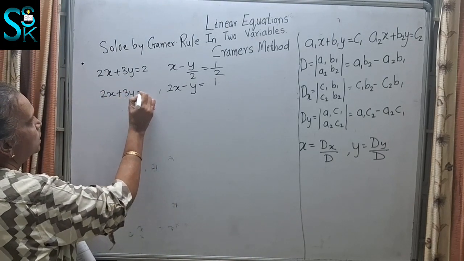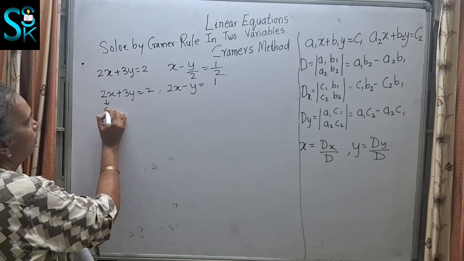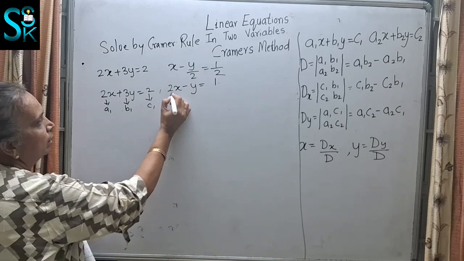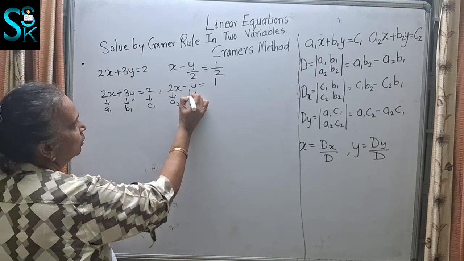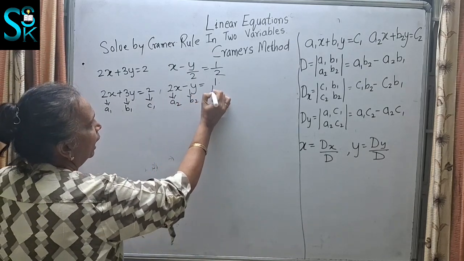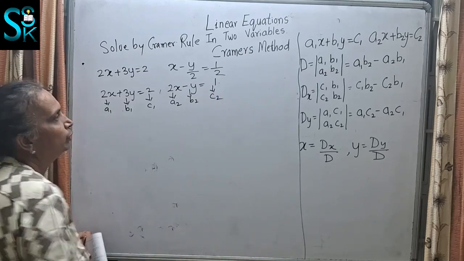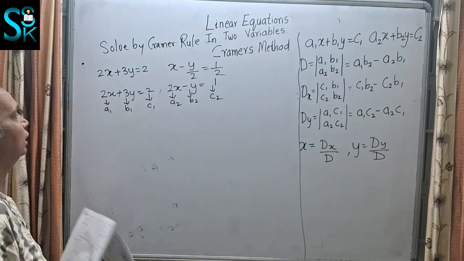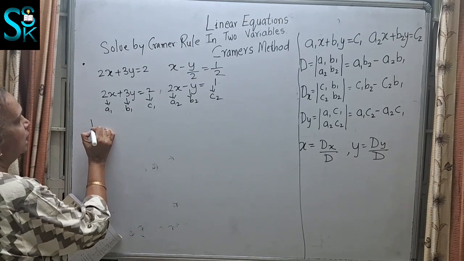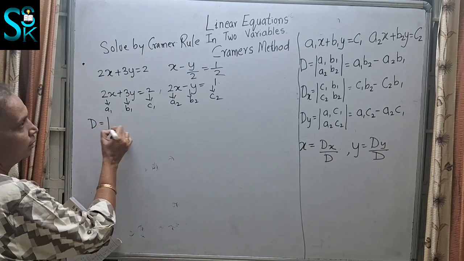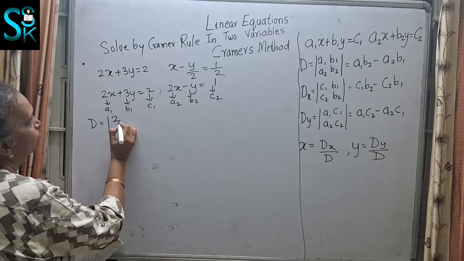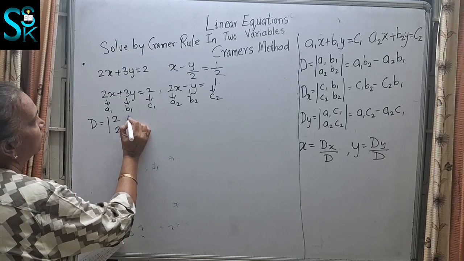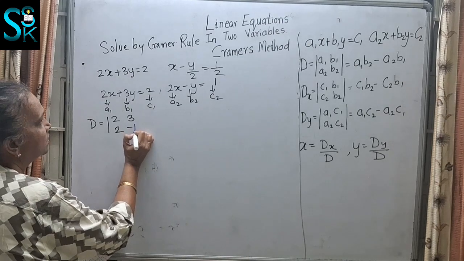And this was your first equation, 2x plus 3y is equal to 2. This is your A1, B1, C1, and this is your A2, B2, C2. Just substitute the values and simplify. So now we are finding D: A1 is 2, A2 is 2, B1 is 3, B2 is minus 1.